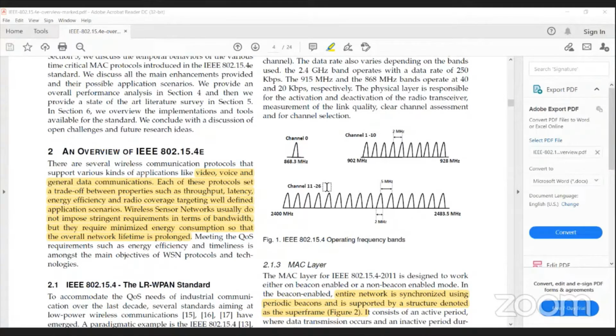There are trade-offs also. That is, you're looking at throughput and latency of these systems, because these are all high bandwidth, particularly video is a high bandwidth application, right? Wireless sensor networks usually do not impose any restrictions on bandwidth and so on. But when you say wireless, you more or less assume it is untethered, right?